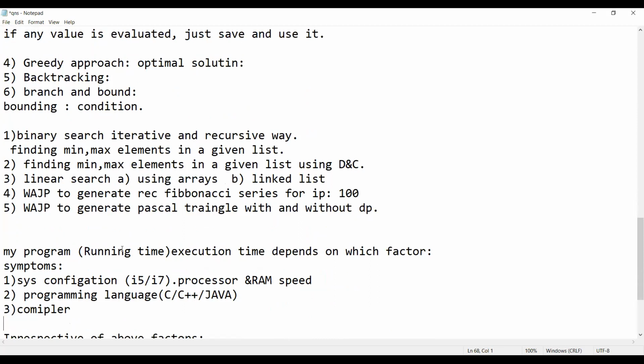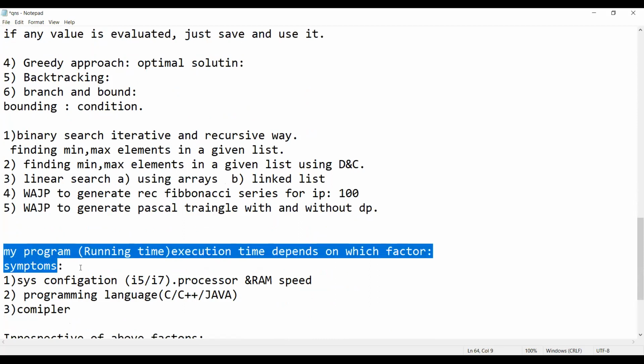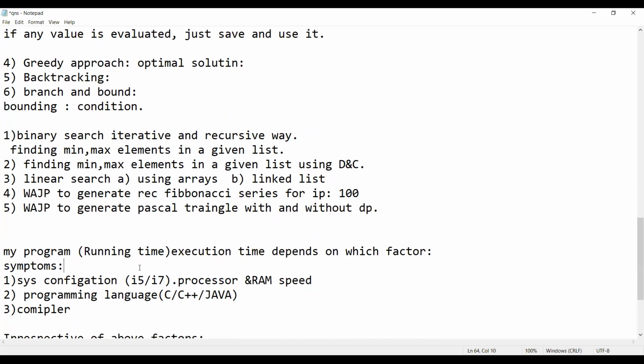Next, in the last class I also covered this. The running time or execution time of a program depends on some basic factors. Suppose you are running your program. The first factor depends on the system configuration, like what the processor is and what your RAM speed is, whether the processor is i4, i7 or something, and whether the RAM is 1 GB, 2 GB or something, right?